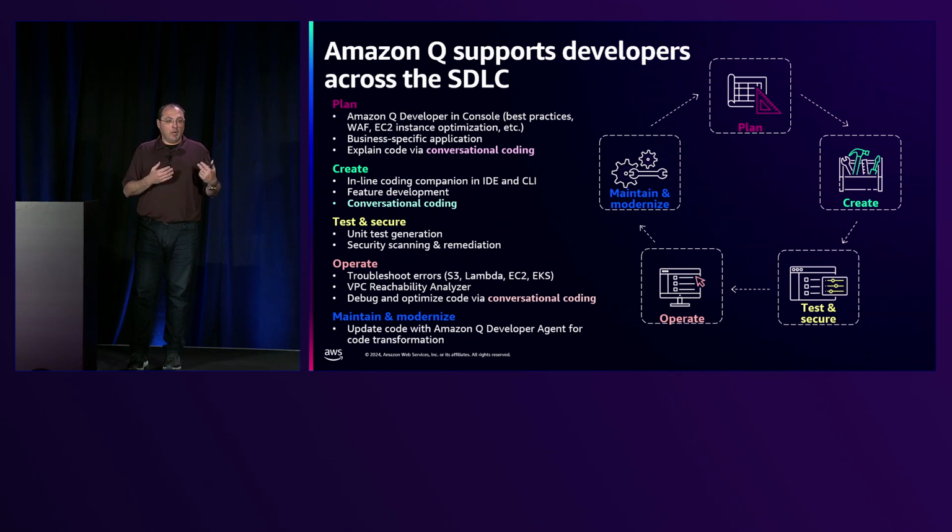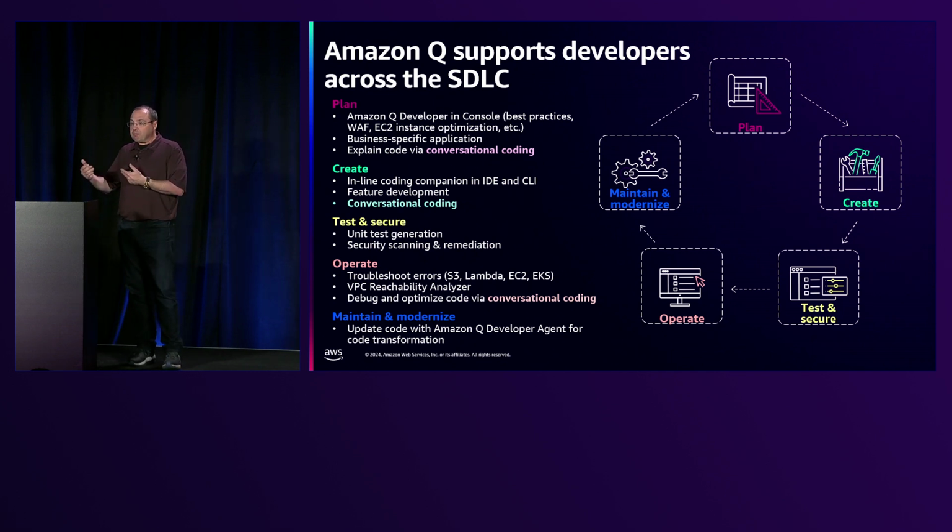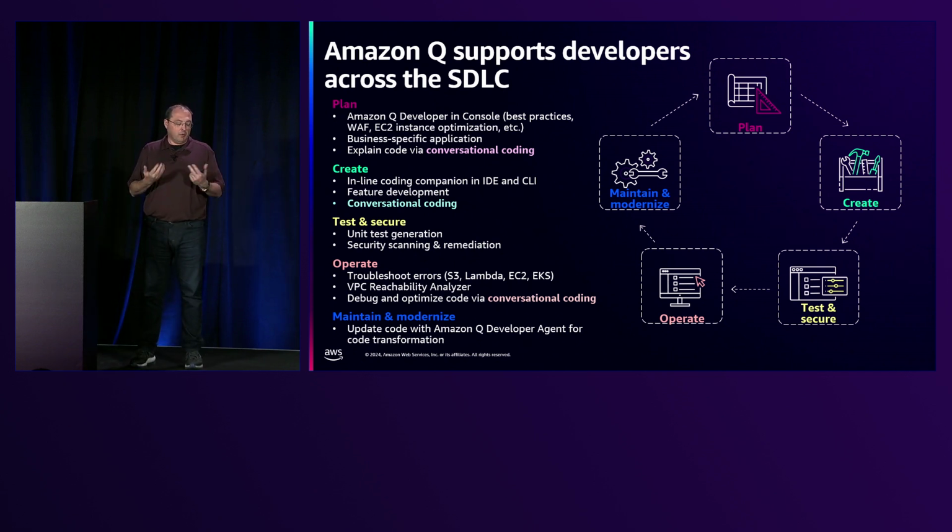And so as an operator or as a developer that's looking at my running system, I can go ahead and use investigations to quickly summarize what I'm seeing in production and be able to respond to that. So this is a really powerful feature that I'm excited to see our customers have some success with.